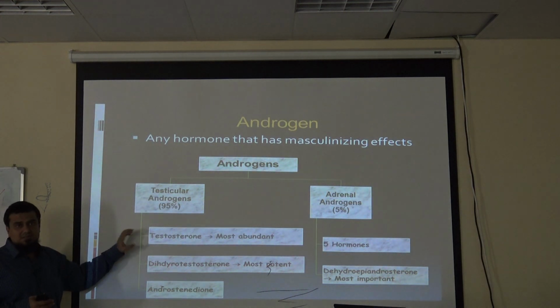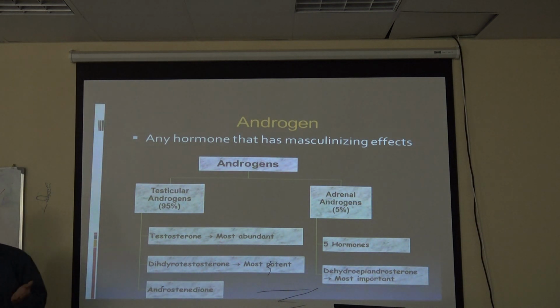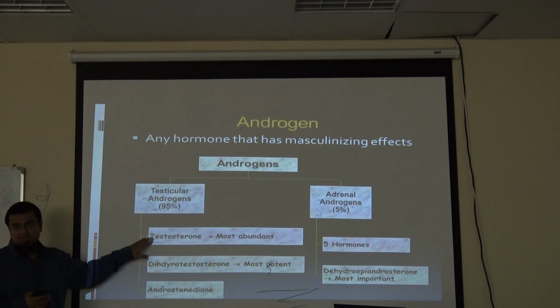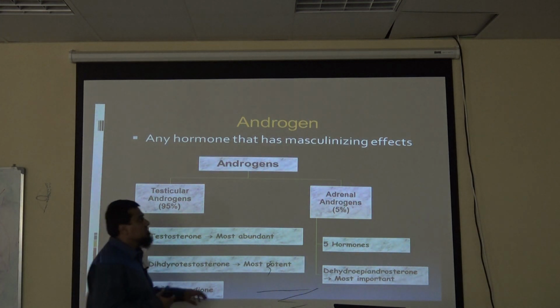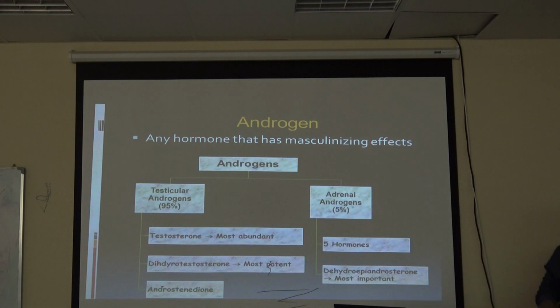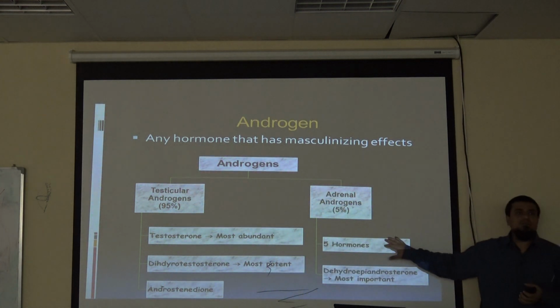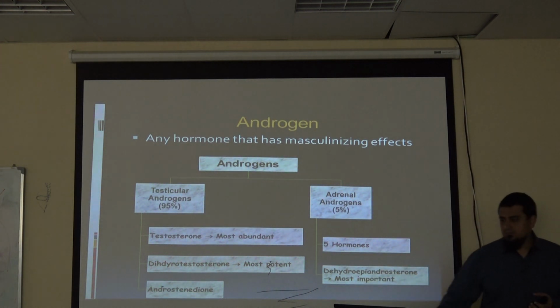Out of these, the most abundant is testosterone. A variant of testosterone, called dihydrotestosterone, is also there, and it is more potent than testosterone. But the abundant one is testosterone, and from the testes also comes a small quantity of androstenedione. The majority of the androgens from the adrenal gland constitute about 5 hormones. Out of these, the most abundant is DHEA.